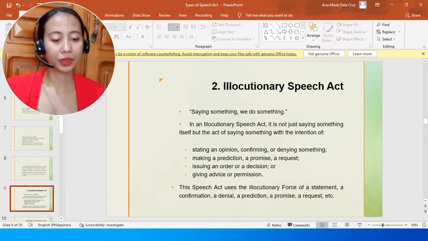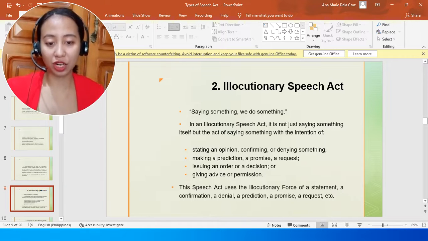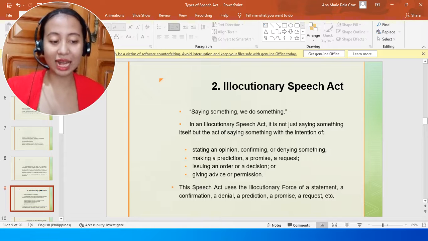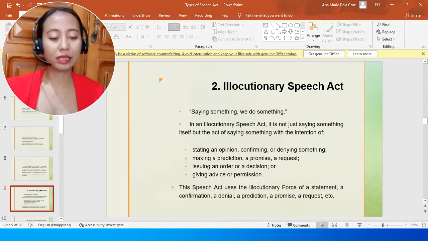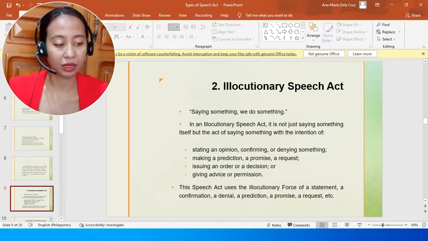In an illocutionary speech act, it is not just saying something itself, but the act of saying something with the intention of stating an opinion, confirming or denying something, making a prediction, a promise or a request, issuing an order or a decision, or giving advice or permission. This speech act uses illocutionary force of a statement, a confirmation, denial, a prediction, a promise, a request, and more.